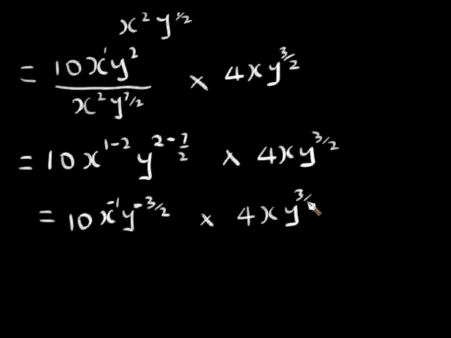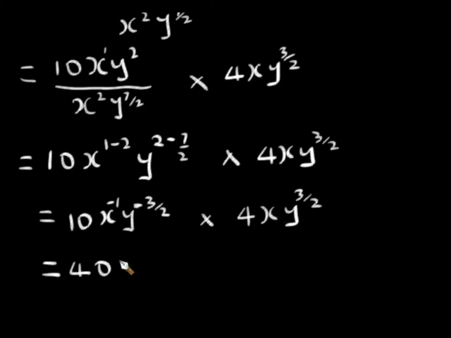So we can multiply directly and see how it goes. Now, because of the multiplication sign there, we add the powers of similar variables, right? The first is 4 times 10, which gives us 40. Now, we have x raised to power -1 and x raised to power 1 here, so we're going to add the powers.